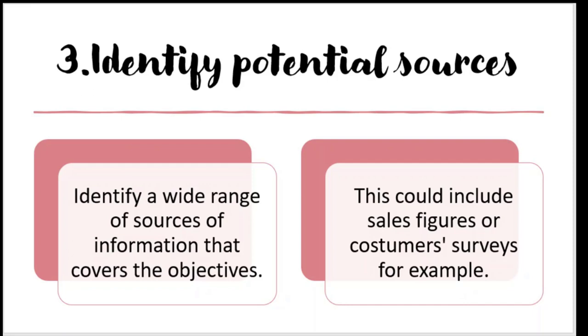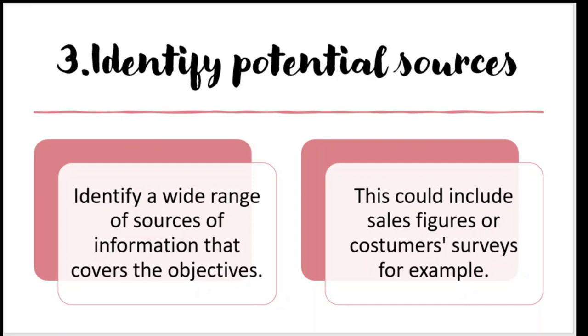The next one is identify potential sources. In here, you're going to identify a wide range of sources of information that covers the objectives. Your project planners need to identify where they can get this information, and make sure that this information is not biased and covers all the objectives.